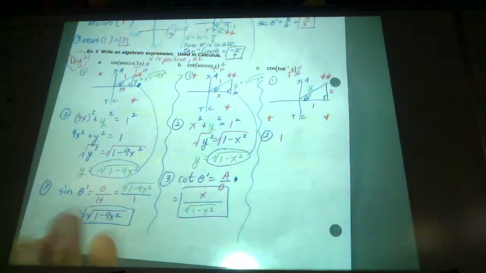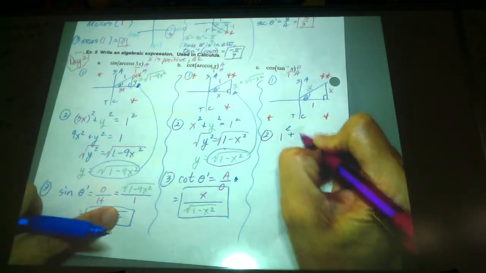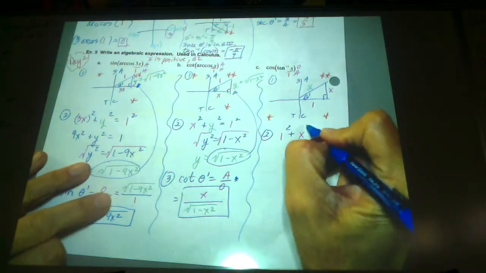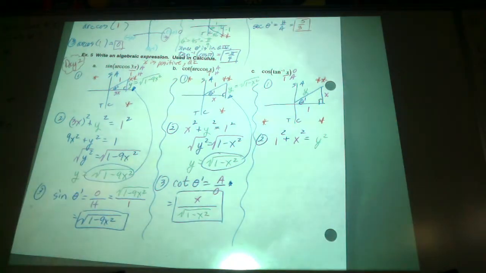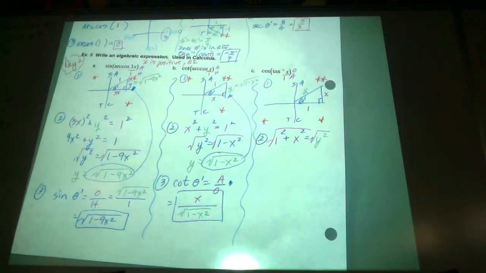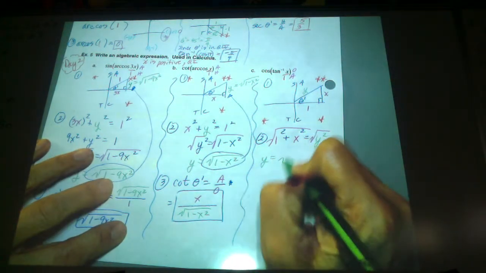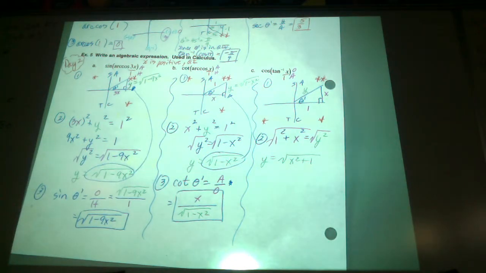So my legs will be 1 squared plus x squared is equal to y squared. Well, y is already by itself, so I can just take the square root of both sides. Get y is equal to the square root of x squared plus 1, or you could have 1 plus x squared.